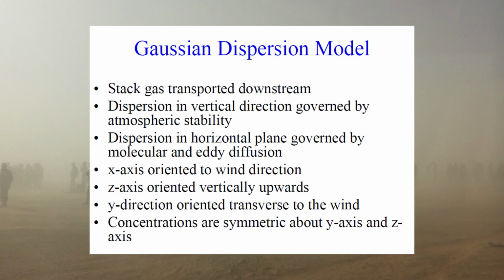So there are certain coefficients arrived for this under constant conditions. So the x-axis is oriented toward the wind, as mentioned earlier. The concentrations are assumed as symmetric about the x-axis and y-axis. So you find that on both sides it is symmetric. The distribution of the pollutants is symmetric.